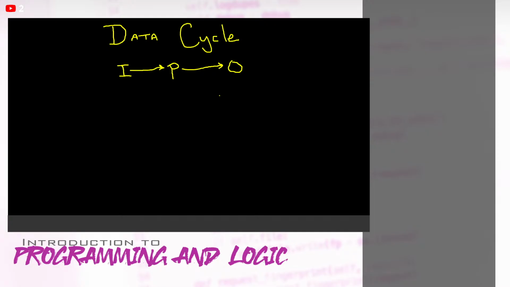Data enters my computer through some input means, whether it's a sensor, a keyboard, user input, or a file. It is run through a process, and after that process, our data has been transformed into information, and it's now our output.